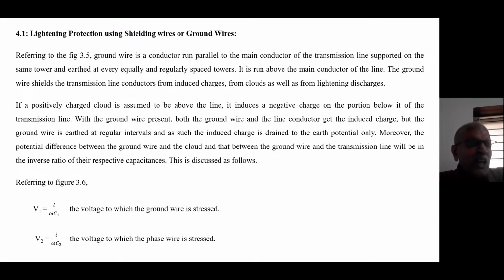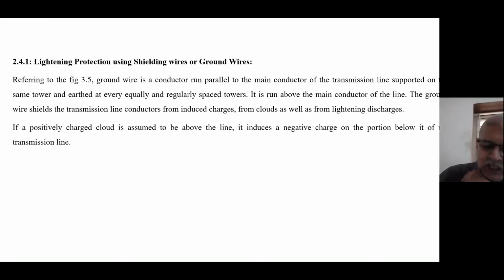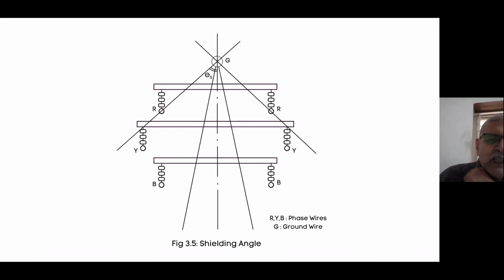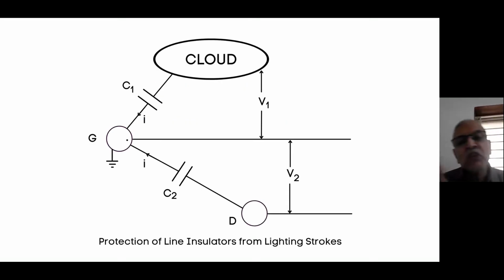When C1 is small and C2 is large, the V1 C1 multiplication is the same. C1 is small, so V1 will be large and V2 will be small. And if you see this figure, V2 is small and V1 is large.